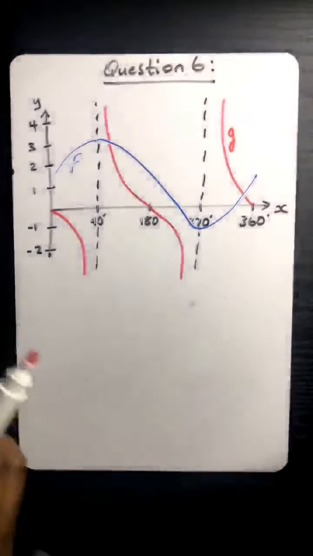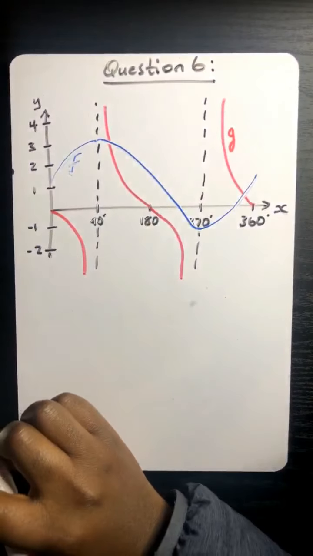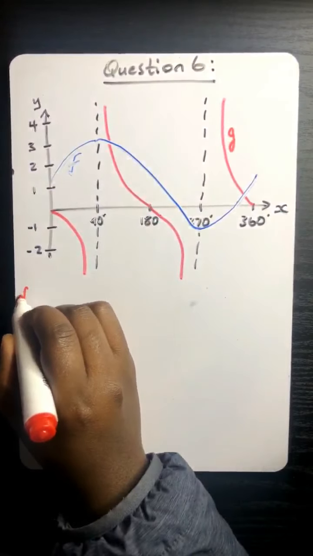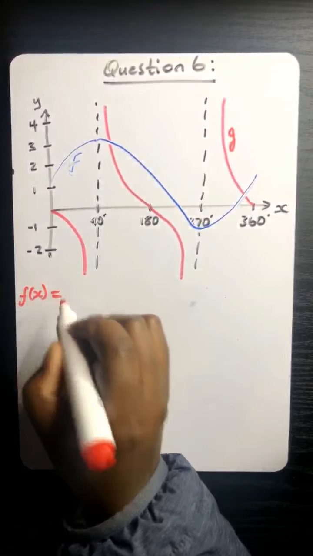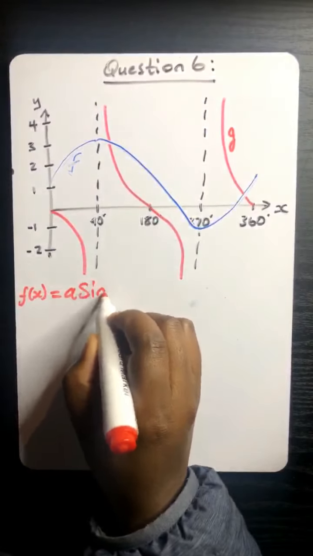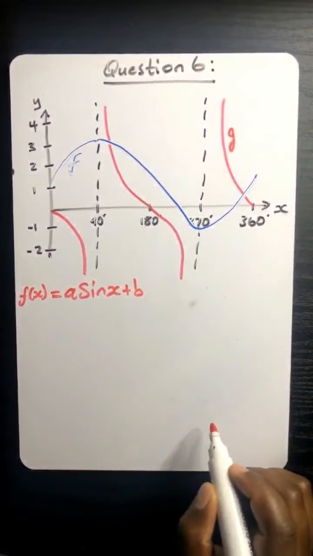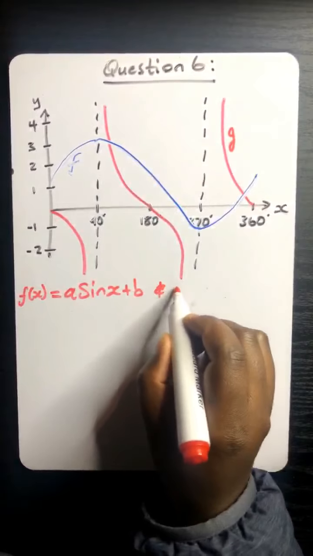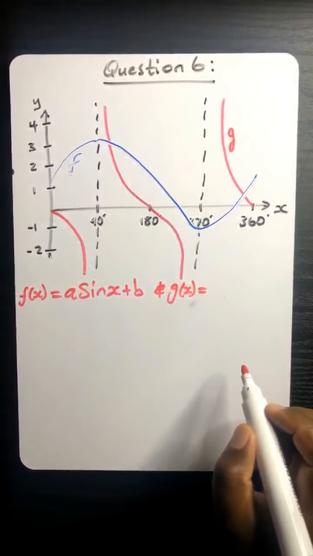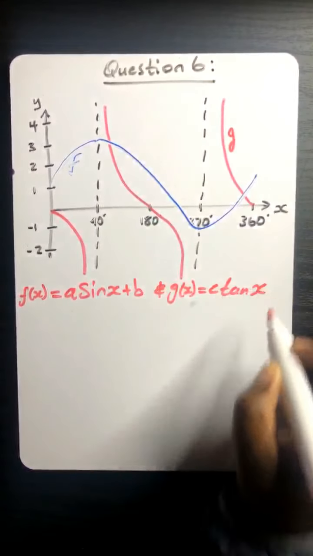Let me quickly write that given information. What they are simply saying is that we've got the graph of f(x) = a sin(x) + b, and again g(x) = c tan x.